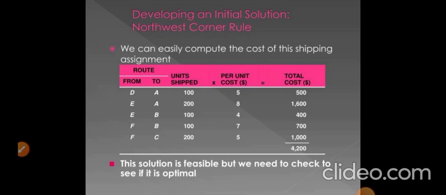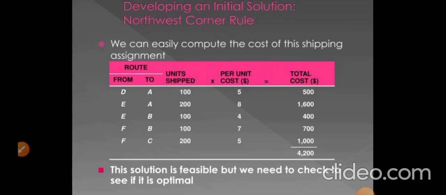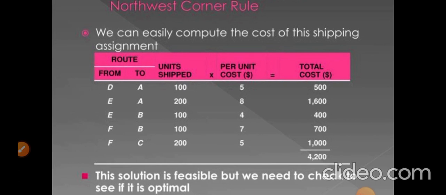We can easily compute the cost of this shipping assignment. For the route from to, write the units shipped, that is the allocations we have given: 100, 200, 100, 100, 200.